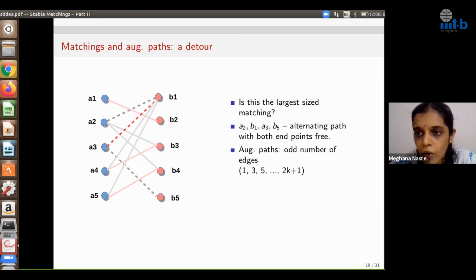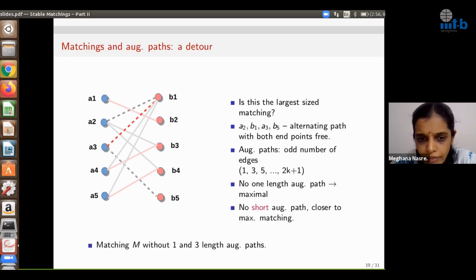If you use one augmenting path and modify the matching, which is called augmenting the matching, the size of the matching increases by 1. So irrespective of the length of the path, the size of the matching increases by only 1. The path may be long, therefore it may change a lot of edges, but still it increases the size of the matching by exactly 1. And if you do not have a one-length augmenting path, then it is called a maximal matching. That is a matching which cannot be improved in size by simply adding edges.